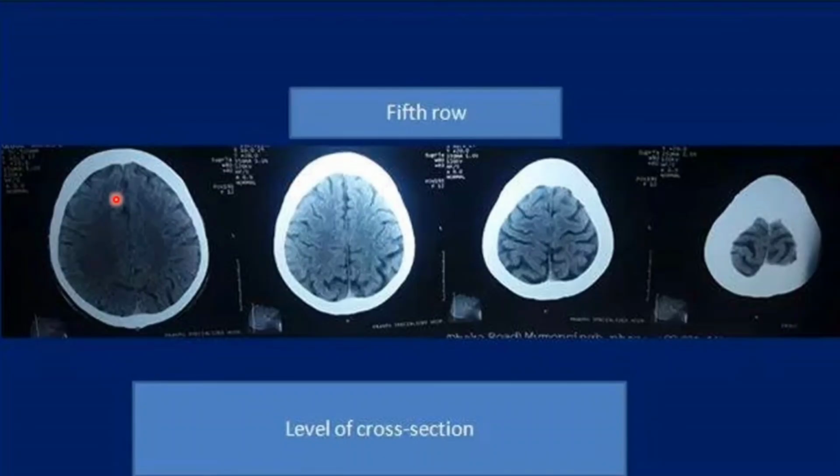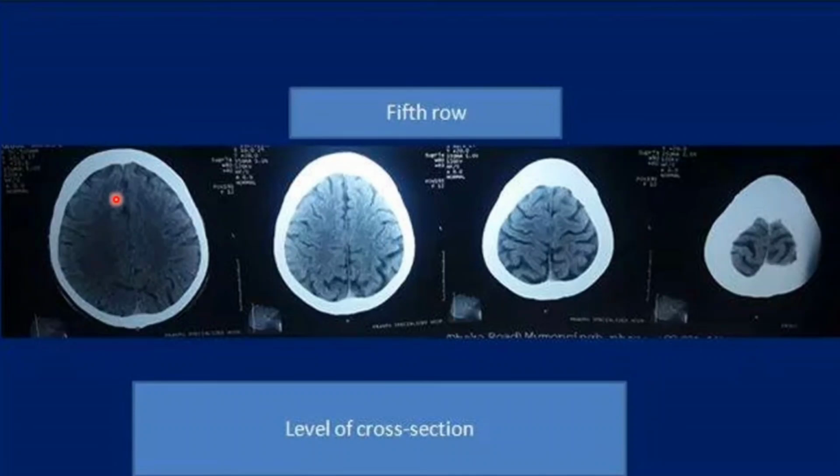On these images you can appreciate the dura. You can also see the falx cerebri here, and you can appreciate the central sulcus, which is approaching the mid part. So these are the slices where we have discussed all these important components of the brain, which can be easily appreciated on these images.